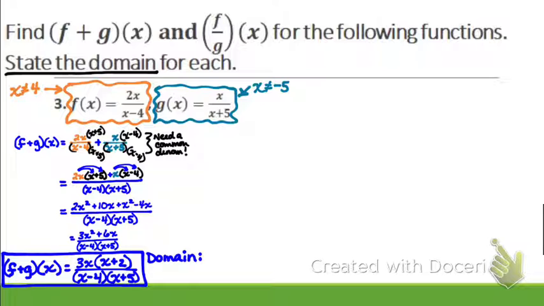So we're going to write this using intervals. Negative infinity up to negative 5, parenthesis, union, negative 5 to 4, parenthesis, union, 4 to infinity.